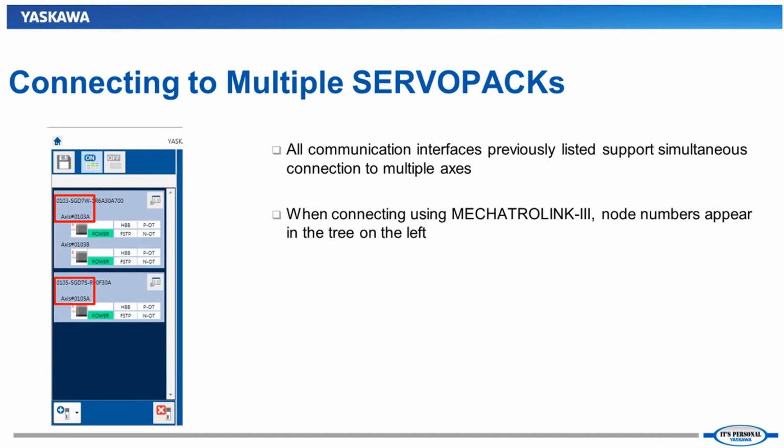So it's kind of a handy way to know which axis is which. You have to use the same connection method to connect to the servo packs. You can't do 3 axes over Mechatrolink and 1 axis over USB. It has to all be the same communication style.